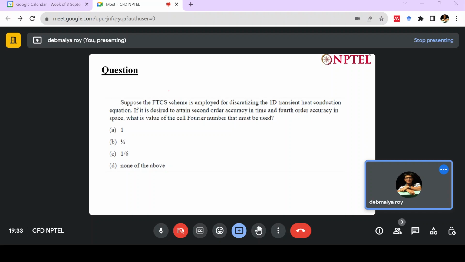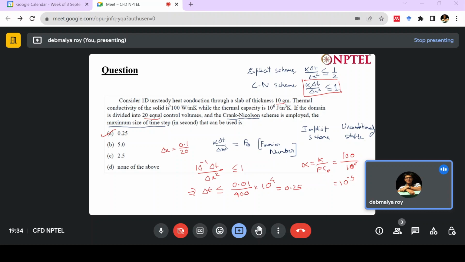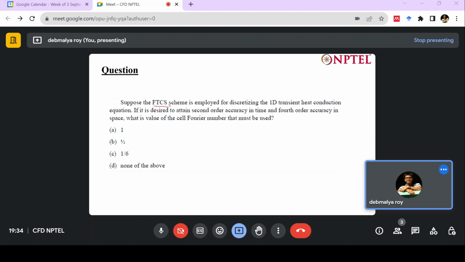For this, we need to know a few things. What is FTCS? Till now we were discussing the unsteady problem with finite volume. We have shifted back to finite difference in this case.